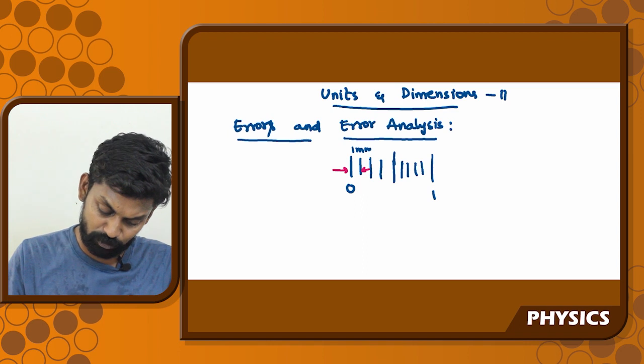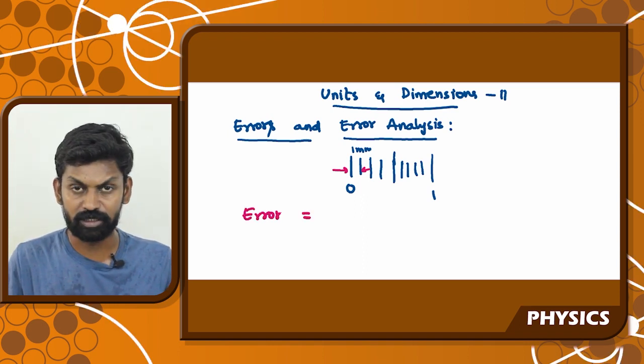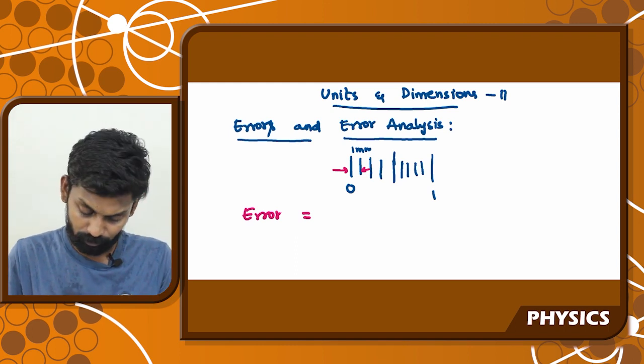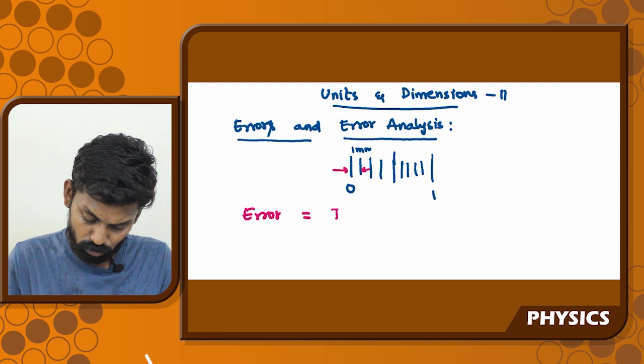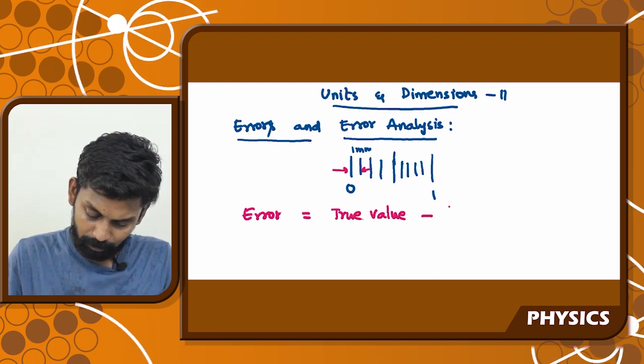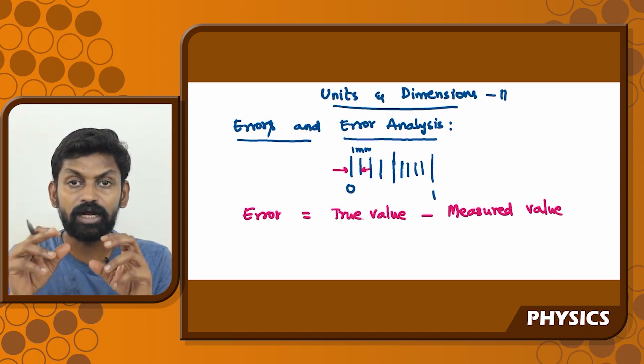So error can be termed as the difference between the true value and the measured value. So I can say it is true value minus measured value. Error is the difference between true value and measured value.